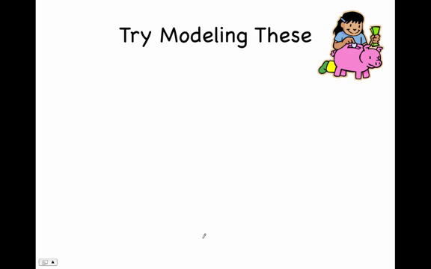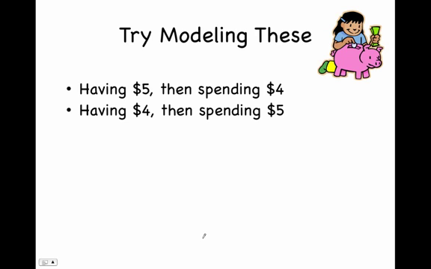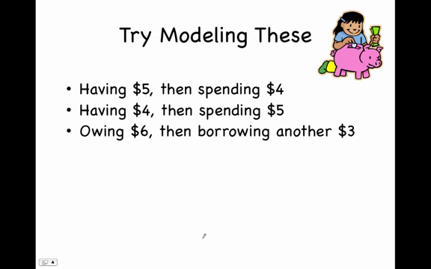Okay, here's a little challenge. Try modeling these situations. Having $5, then spending $4. Having $4, then spending $5. Ooh, spending more than you have. Think about that. Owing $6, then borrowing another $3.